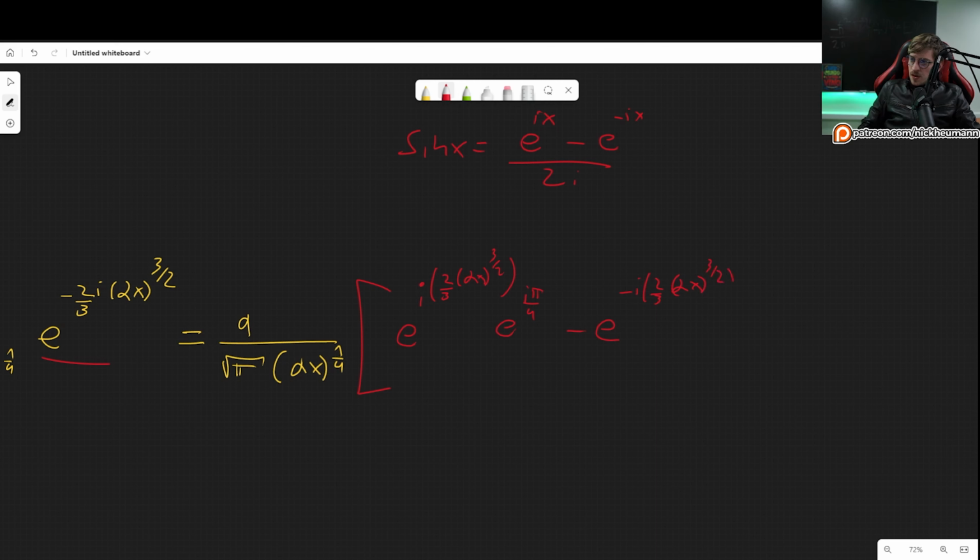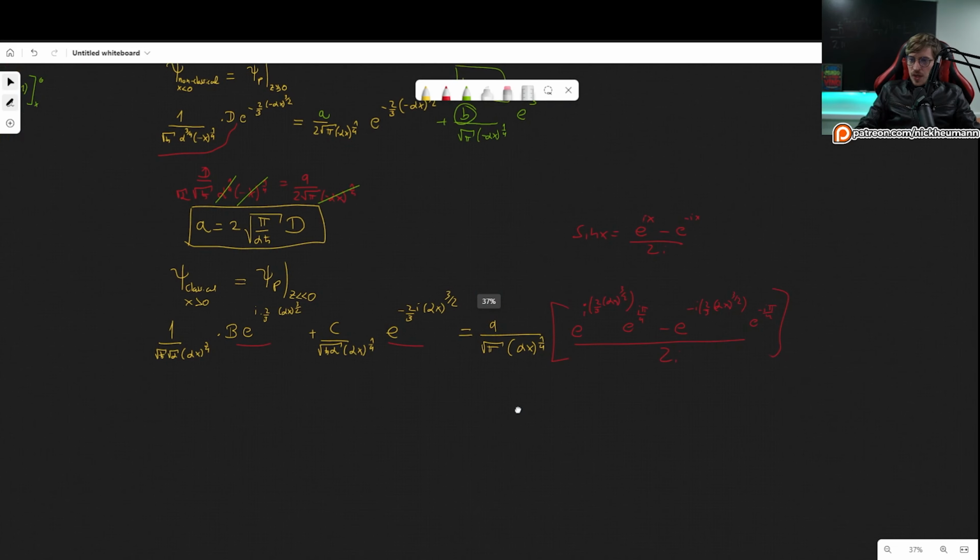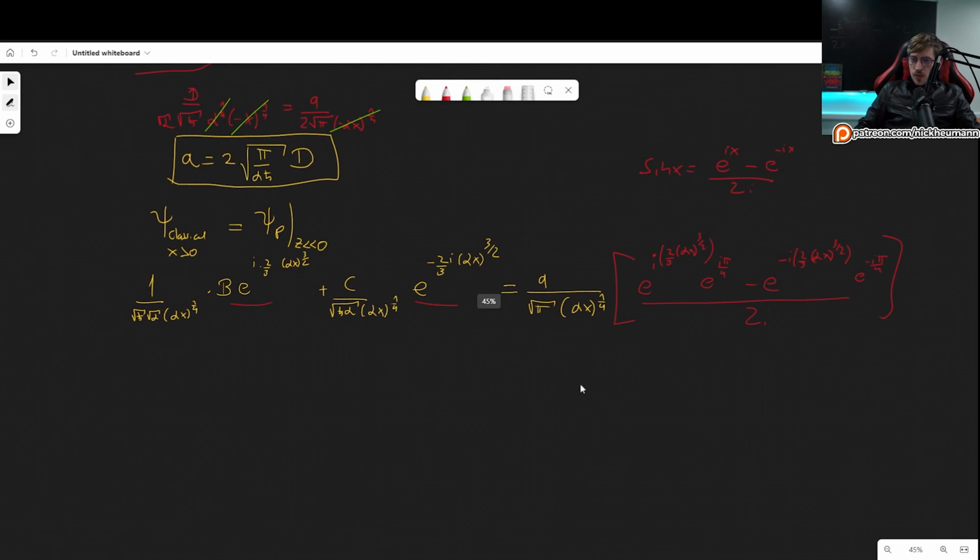And then we got e to the minus i pi over 4. And all of this divided by 2i. So now we are in a position to start equating everything that is accompanying the positive exponent and the positive exponent here. So let's begin with that.